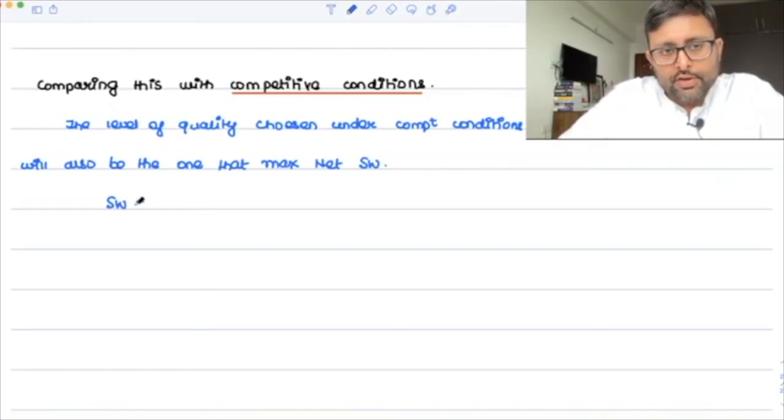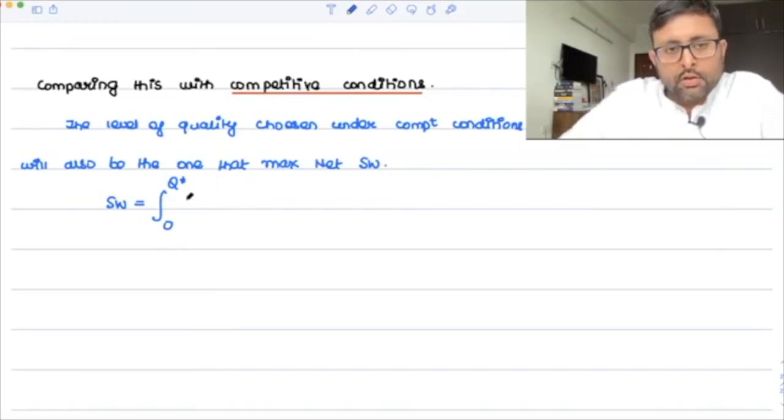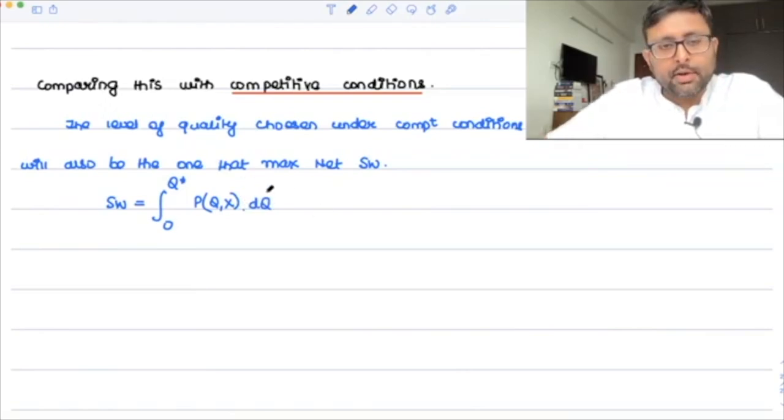So for net social welfare, you're going to produce till Q star, right? Q star is that level of output which is coming through MC pricing, P equals MC. We are writing about the competitive conditions first. The integral of P(Q,X) dQ, that is your entire area under the demand curve up to Q star, minus the cost.